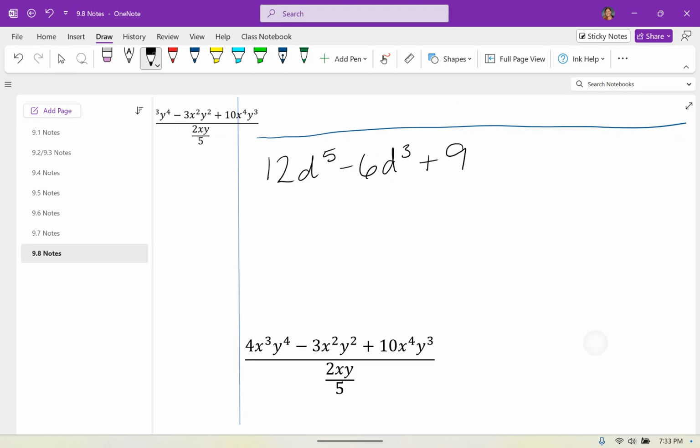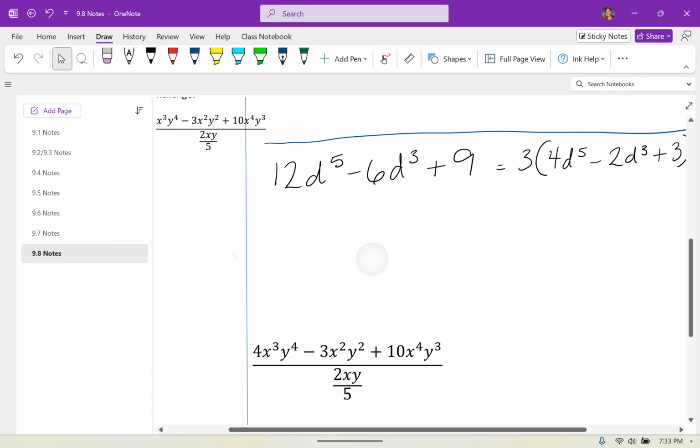Okay, so let's factor out a 3. We'll write what's left. So 12 divided by 3 is 4. That d to the fifth stays d to the fifth. Minus 6 divided by 3 is 2, d cubed. And 9 divided by 3 is 3. Okay, so that's a factored version of the numerator.